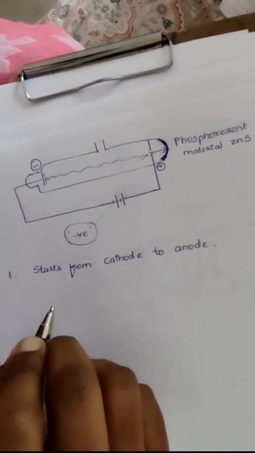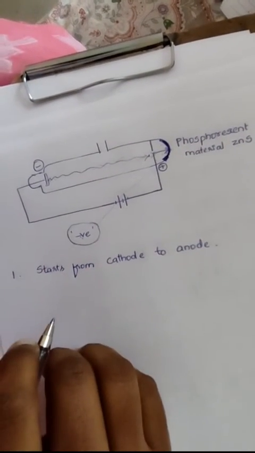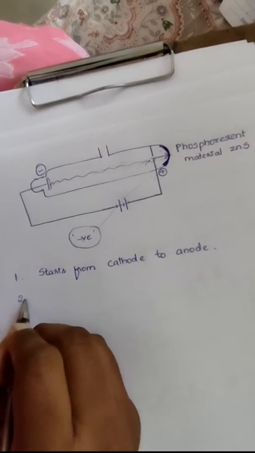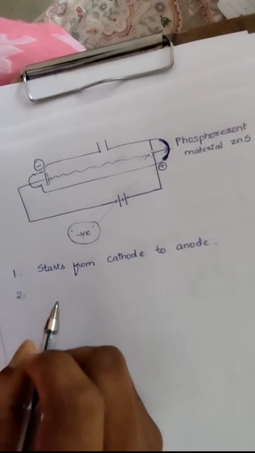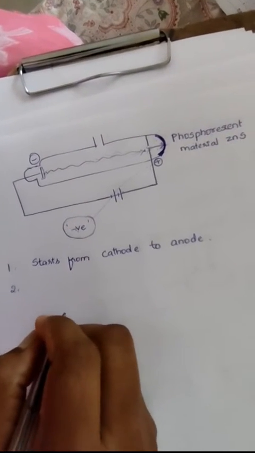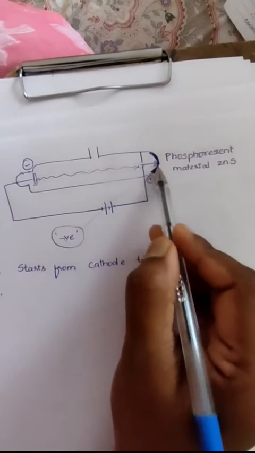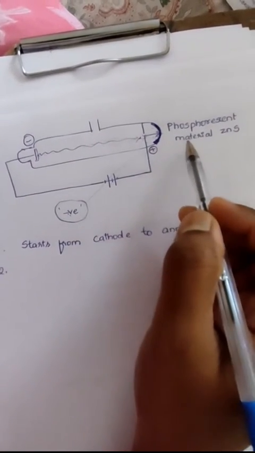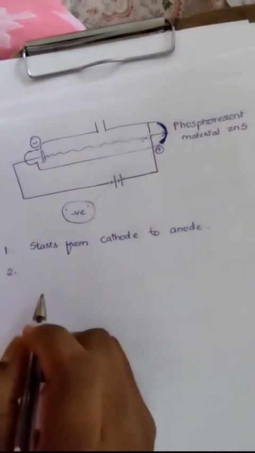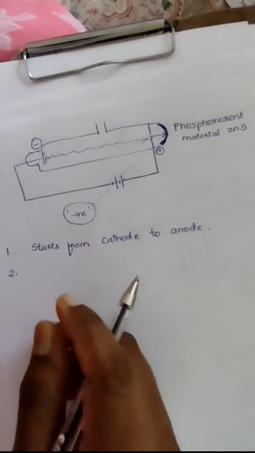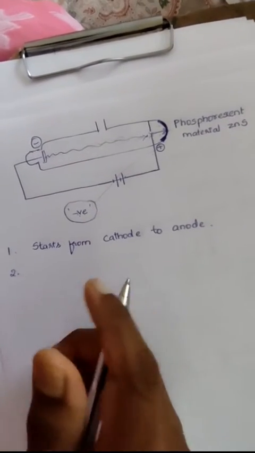These rays themselves are not visible. We cannot see these rays, but we can observe them with the help of certain kinds of materials such as zinc sulfide, which glow when hit by cathode rays.